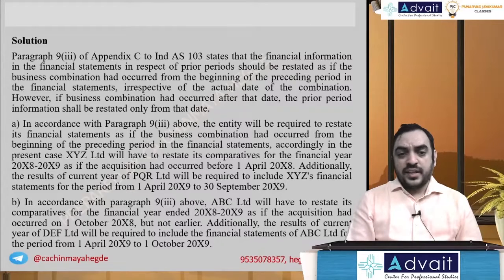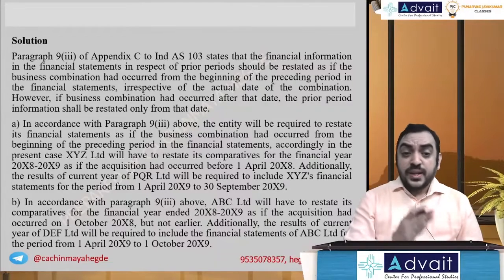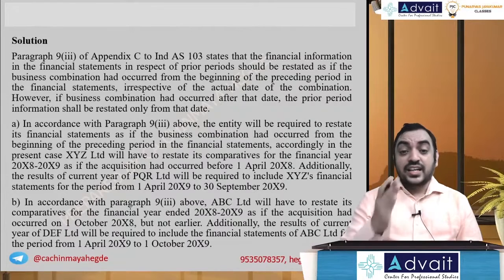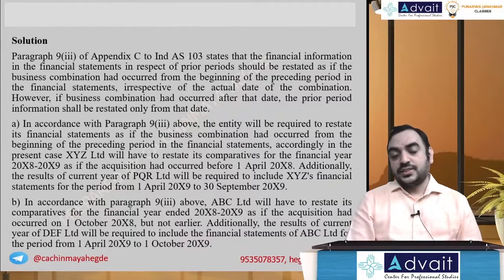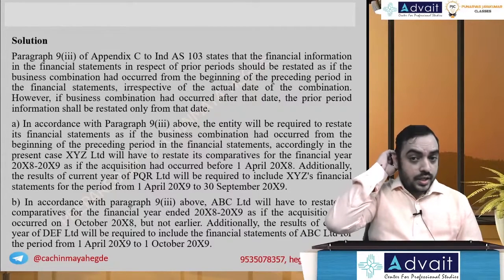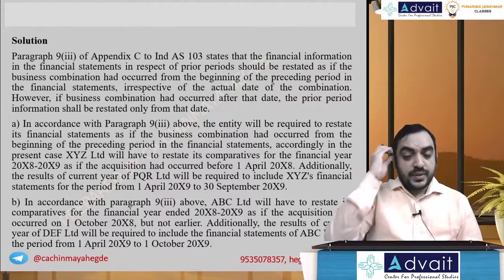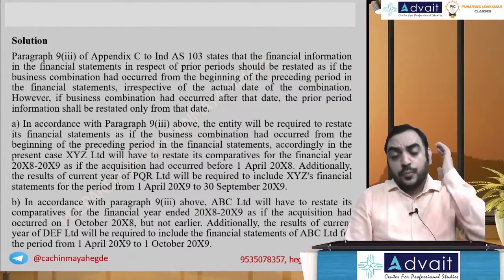Para 9.3 of Appendix C to Ind AS 103 states that financial information in the financial statements in respect of prior periods should be restated as if the business combination had occurred from the beginning of the preceding period in the financial statements, irrespective of the actual date of combination.